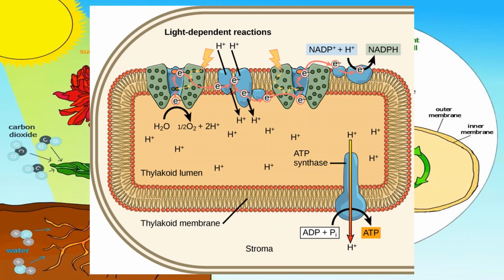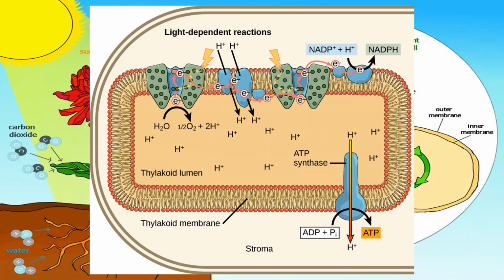The energy from electrons is used to pump protons into the thylakoid lumen. Protons move down their concentration gradient through ATP synthase, generating ATP. Water is oxidized to replace lost electrons, releasing gaseous oxygen.